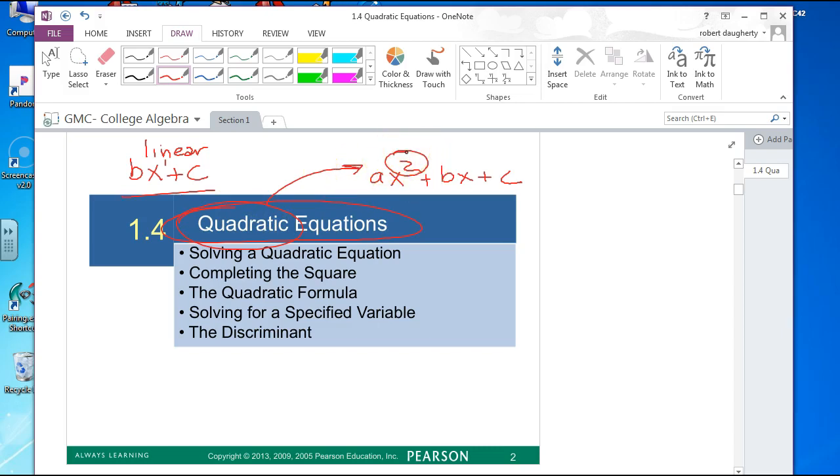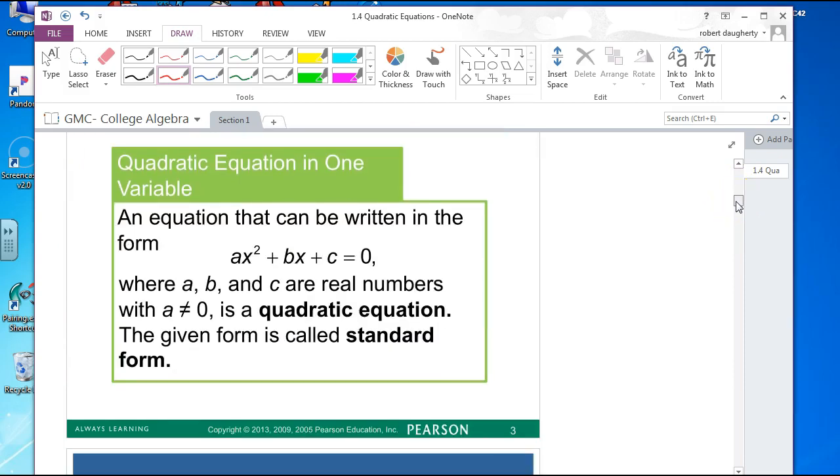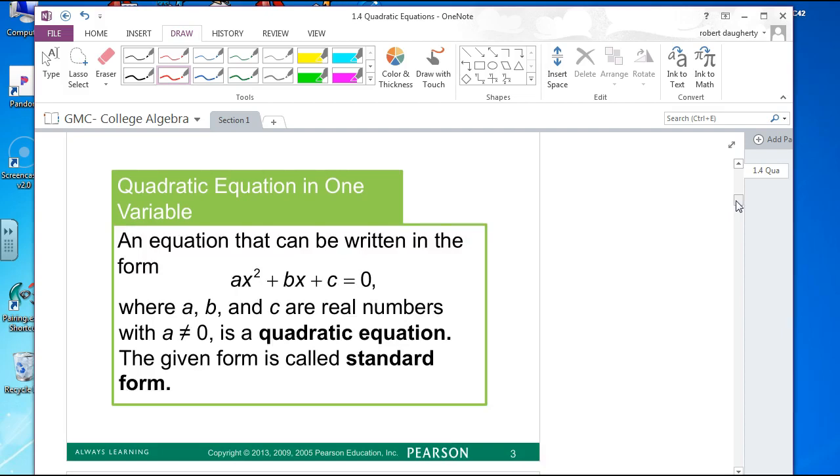Okay, so we'll talk about some of the methods for solving. Main methods: completing the square, the quadratic formula, and then solving some explicit variable expressions that involve quadratics. A quadratic equation can be written as ax squared plus bx plus c equals 0. a, b, and c are real numbers, and a is not equal to 0.